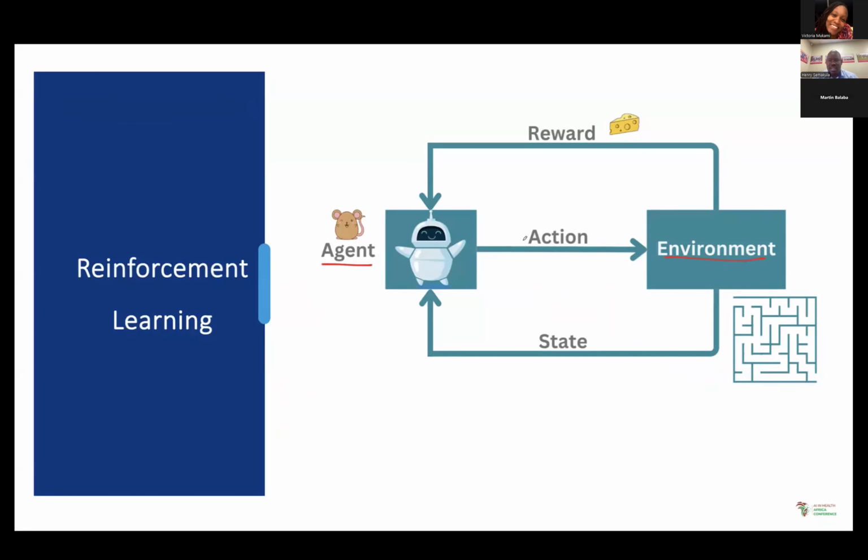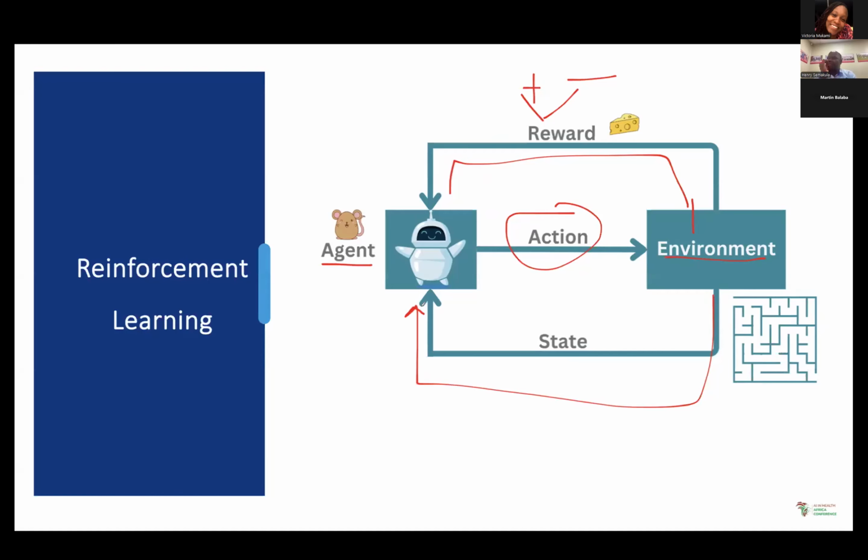The agent takes an action in the environment. Based on the action taken, the agent will always receive a reward. The reward can either be positive or negative. And definitely after receiving a reward, there will be a change of state.